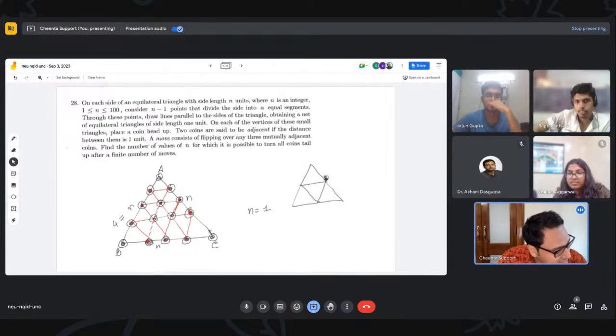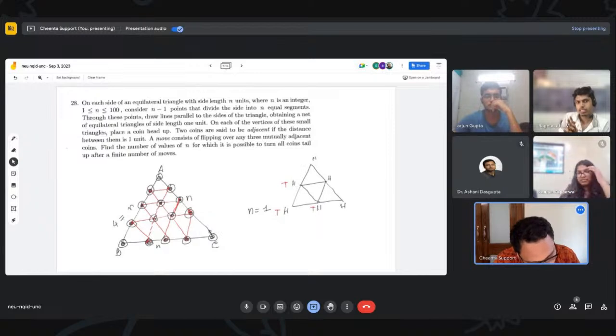You have head, head, head, head, head, head. In move 2, let's say you can choose any one of them. Maybe you choose this one, so you choose like this. This one becomes tails. Then in move 3, these two become tails. This one becomes head.